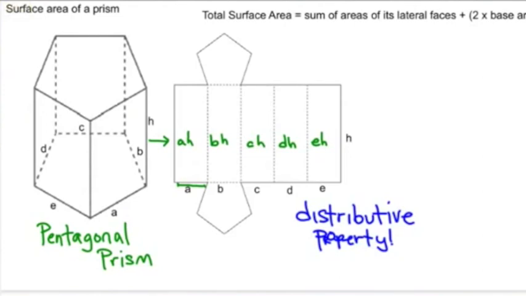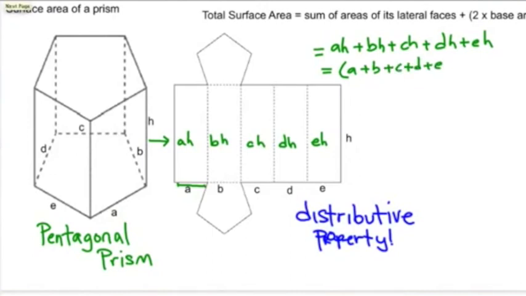So instead of AH plus BH plus CH plus DH plus EH, I'm going to combine all that into A plus B plus C plus D plus E times H, which is going to get me a shape that looks something like this.